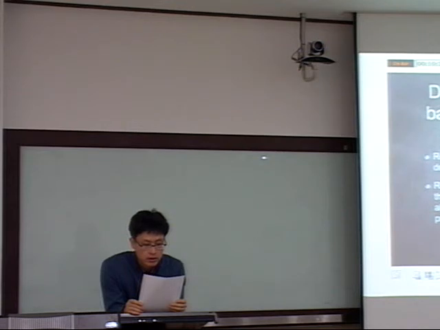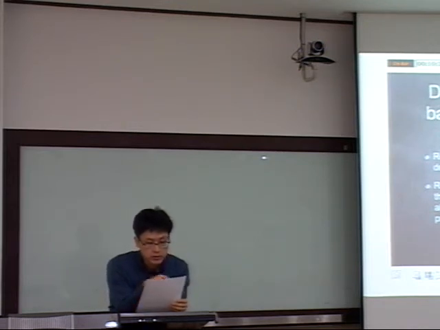The row means part. So since we have 1, 2, 3, 4, 5, 6, 7, 8 rows, we have 8 different parts, right? And column means machine. So 1, 2, 3, 4, 5, 6, 7 column. So this means there are 7 machines.